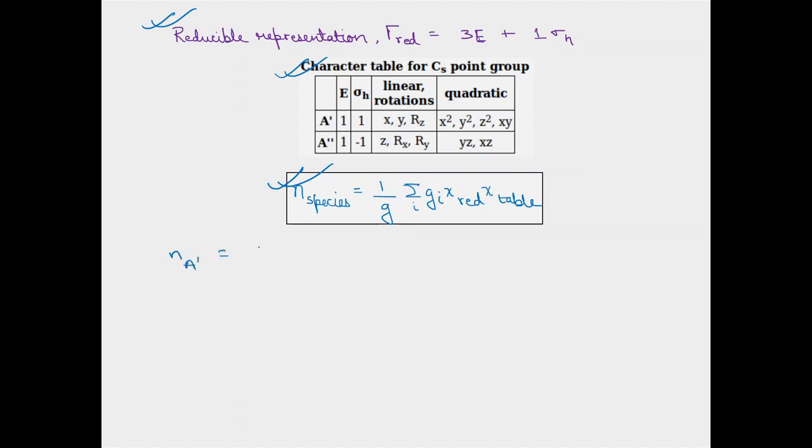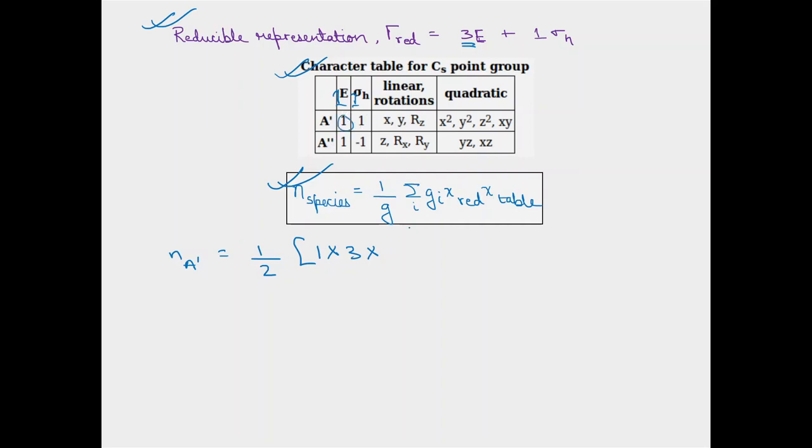So n A dash: 1 by g, where g is 2, the order of this point group. Then g i, for both of them it is 1, because this is 1 E and 1 sigma h. So it is 1 into chi reducible, that is 3, into chi table, that is 1.